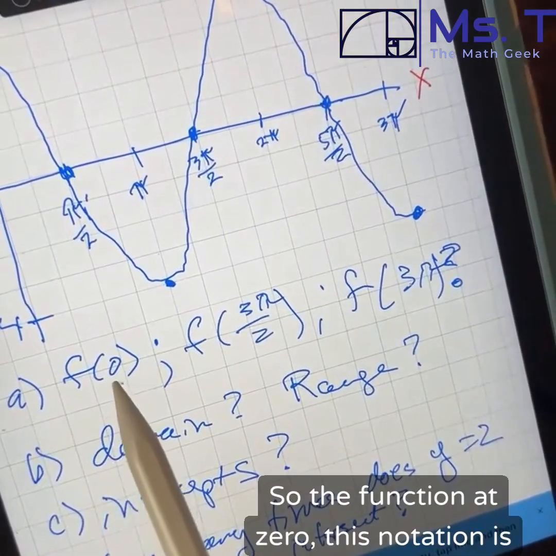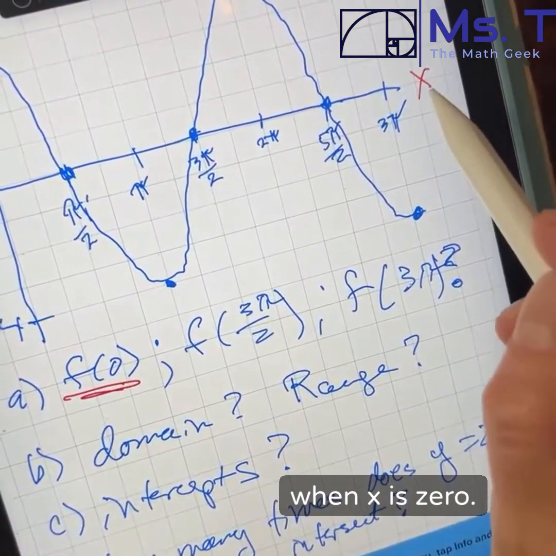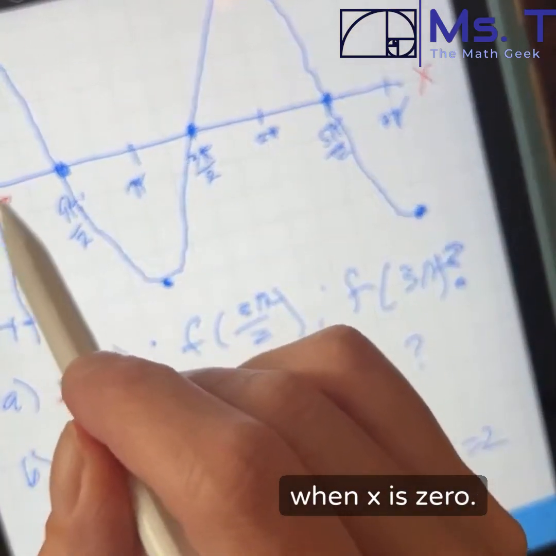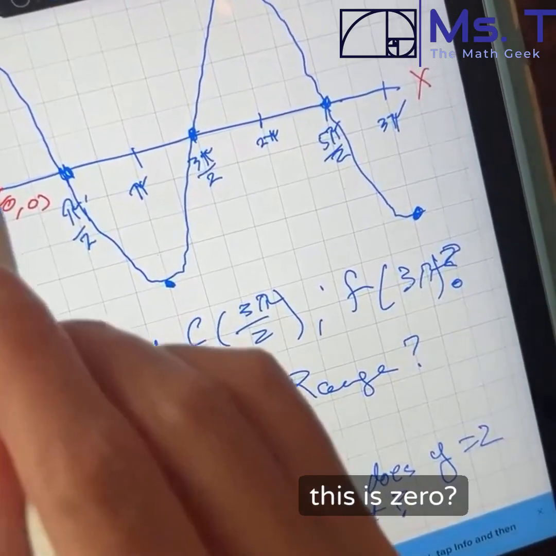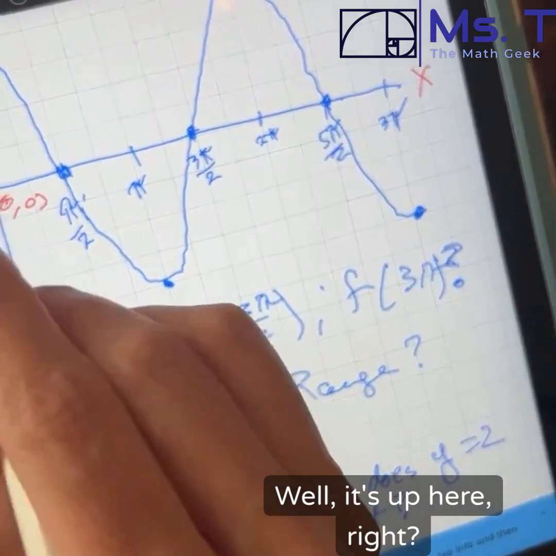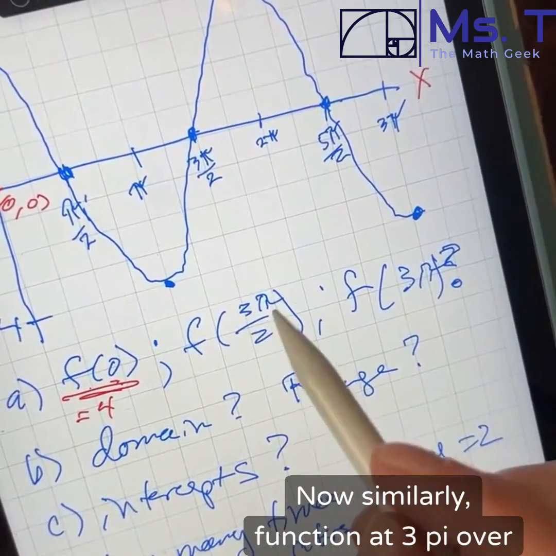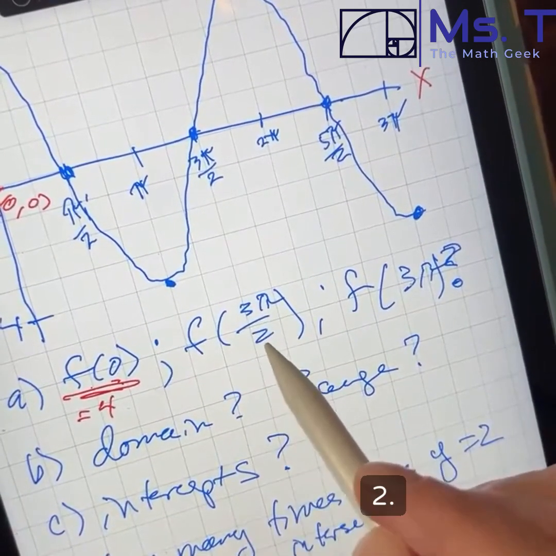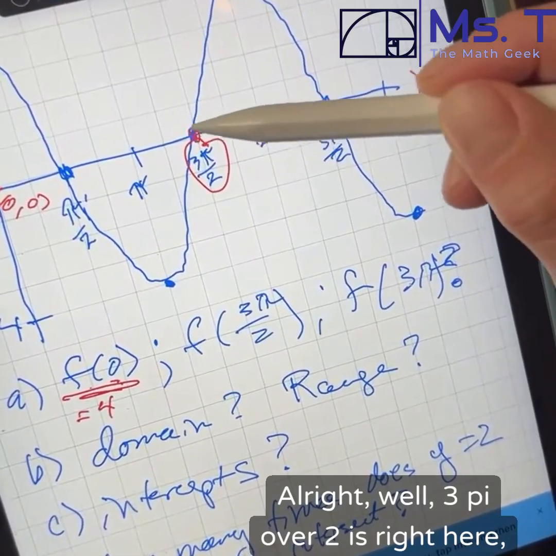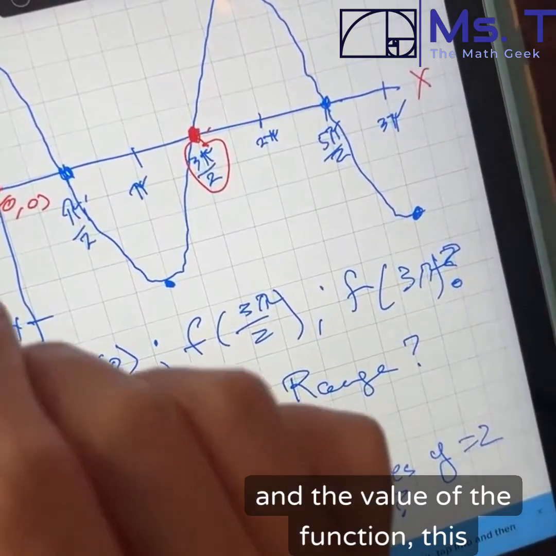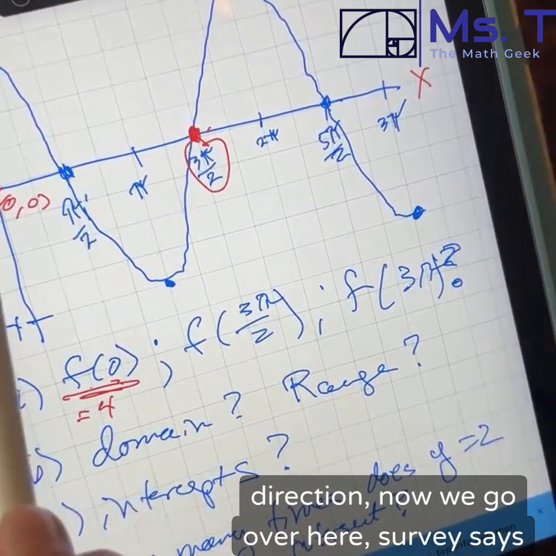So the function at 0, this notation is when x is 0. That's the origin. So what is the value of the function when x is 0? Well, it's up here. It's equal to 4. Similarly, function at 3 pi over 2. Well, 3 pi over 2 is right here, and the value of the function, we go over here.